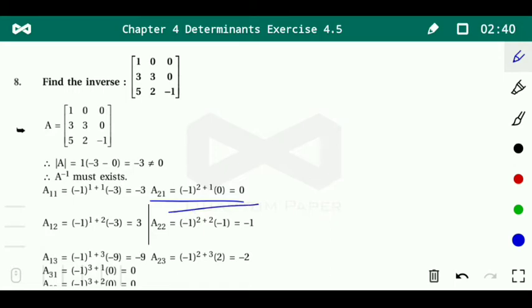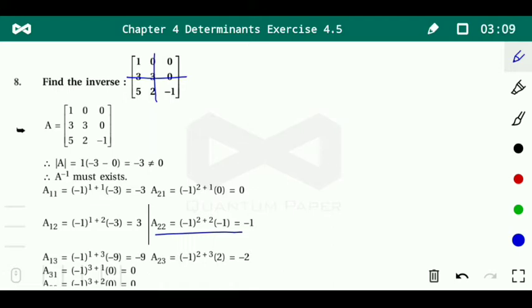Next, capital A21. The cofactors of elements are denoted by capital letters. Is it clear? For A21 we remove the second row, first column, so it will be 0. Now see, 0 into 0, so no need to write it, directly we can write 0. Next, A22: we remove the second row, second column, because i and j are 2, so minus 1 raised to 2 plus 2, minus 1 raised to 4, will be plus 1.